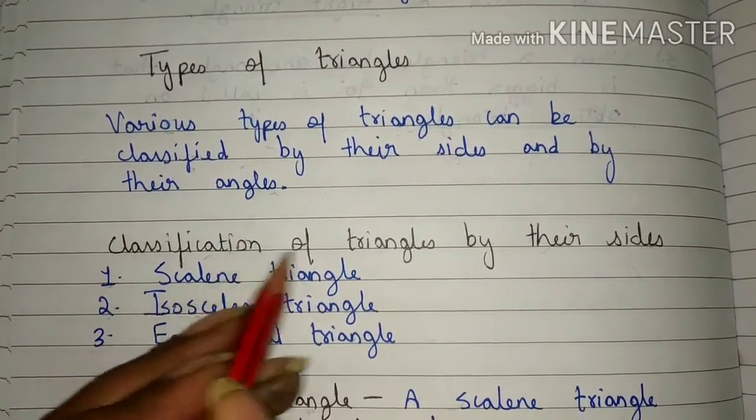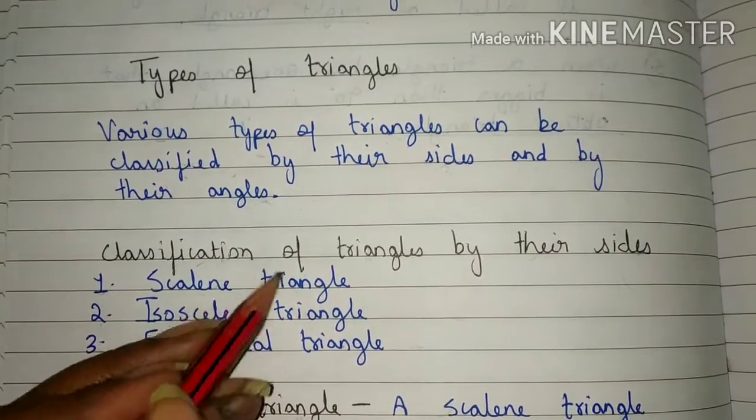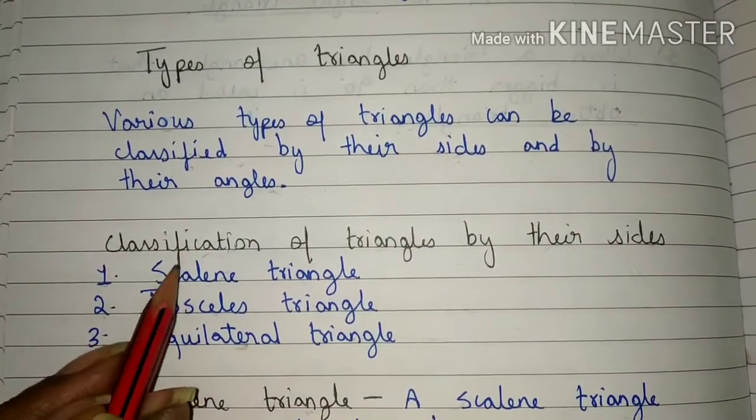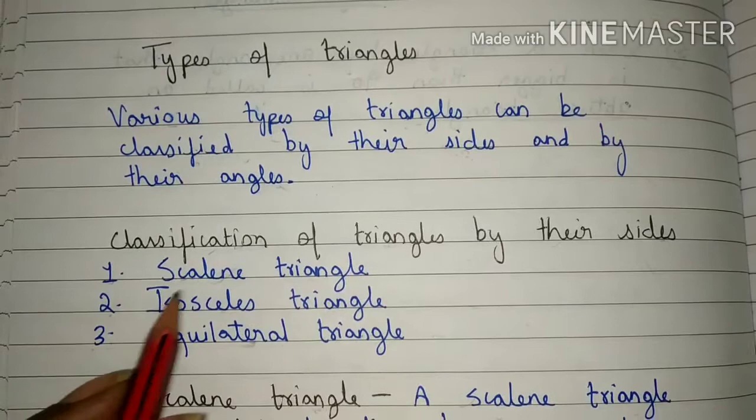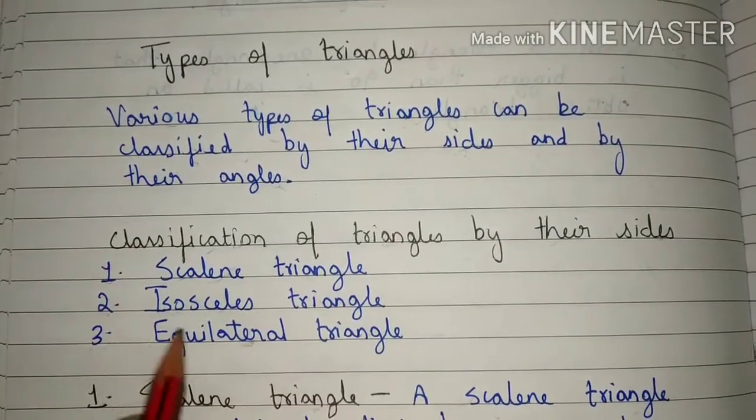On the basis of their sides, triangle can be classified into 3 types. First is scalene triangle, second is isosceles triangle, third is equilateral triangle.